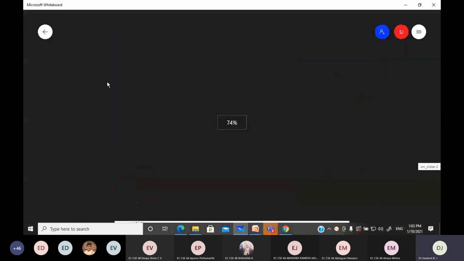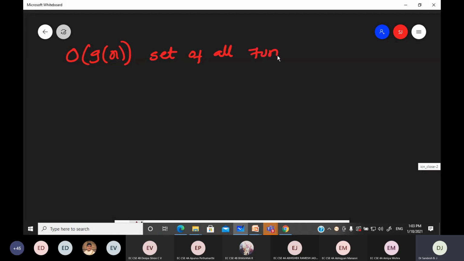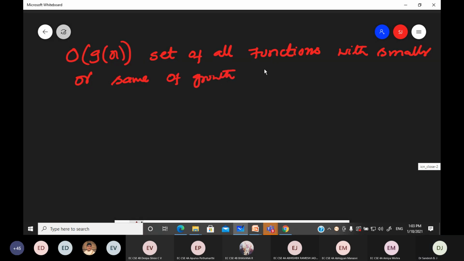Okay, just to give an informal introduction: if I say big O of g of n, this is the set of all functions with smaller or same order of growth as g of n.